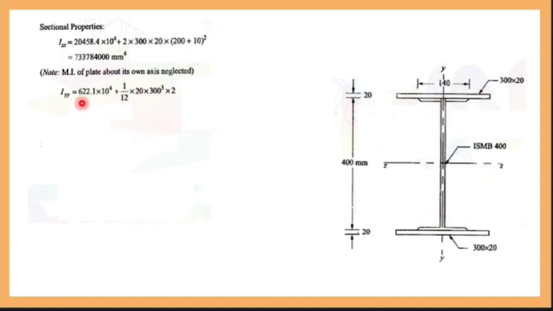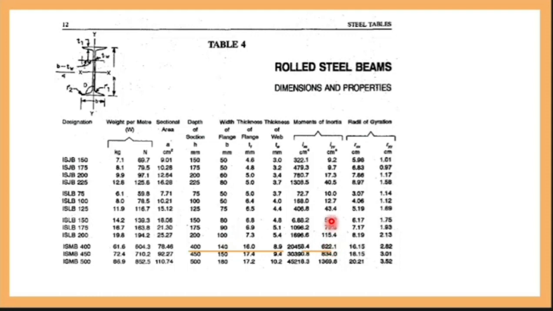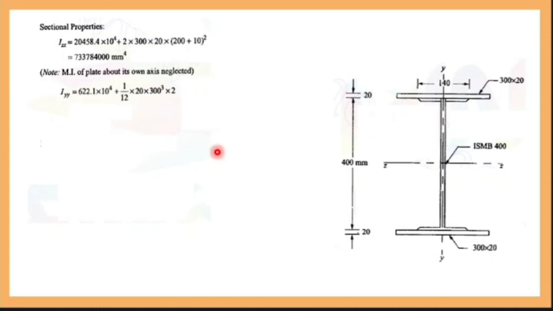What is that? Can you find this value in the steel table? Iyy is 622. Now why have we not multiplied by area into distance square here? Because the centroid of the plate will be acting at the y-axis only and the I section both come under the same plane.